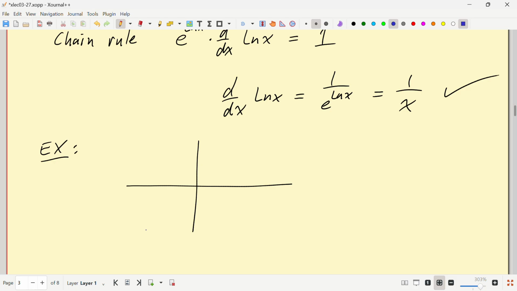But between minus pi over 2 and pi over 2, sine of x is strictly increasing. And its derivative is cosine x, which is strictly positive. So that's y equals sine of x. And the arc sine of x would be the inverse of that function.